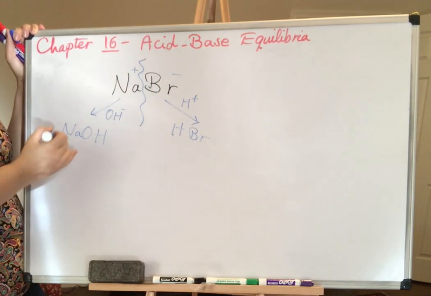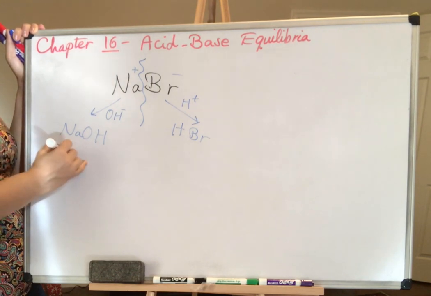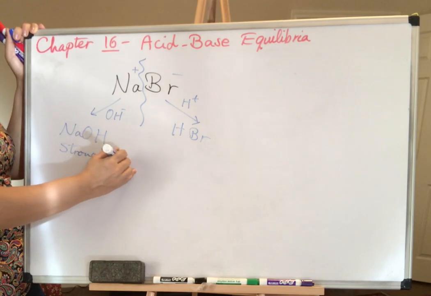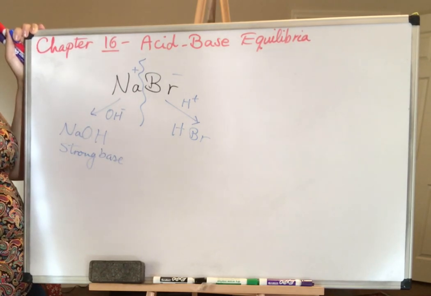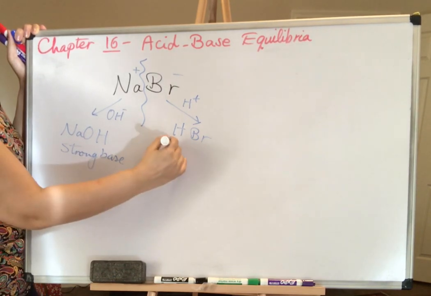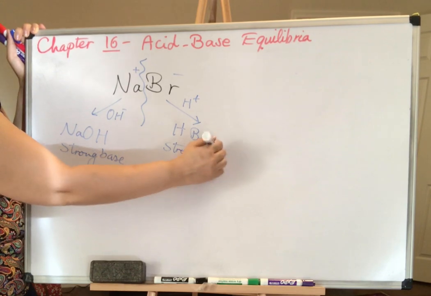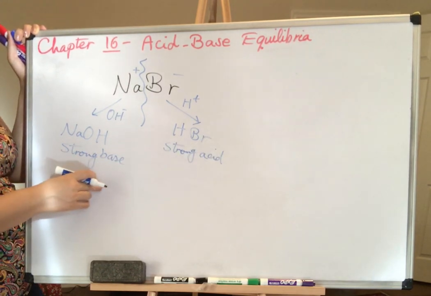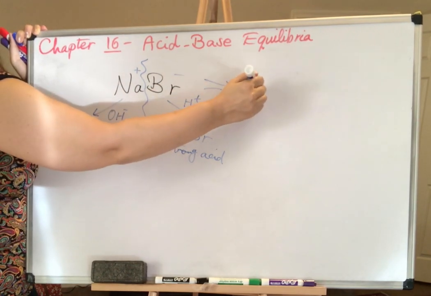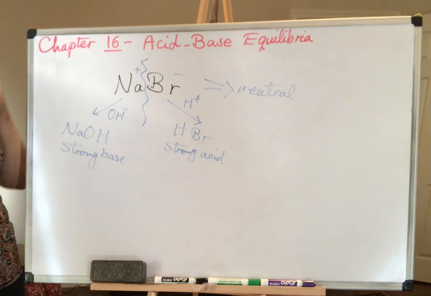Tell me, is NaOH weak or strong? NaOH, everybody knows, is a strong base. HBr, is it a strong acid or a weak acid? We talked about it, it is a strong acid. So a strong acid and a strong base can neutralize each other and the solution remains neutral.